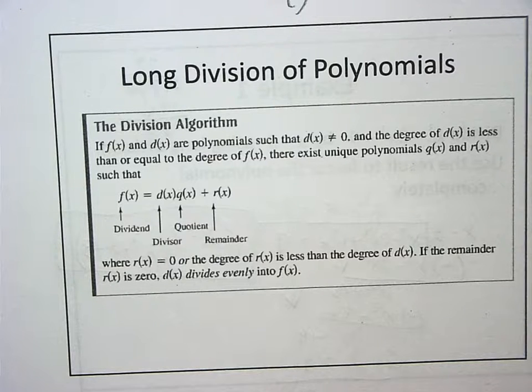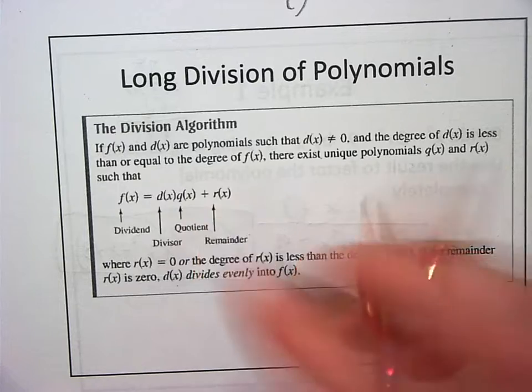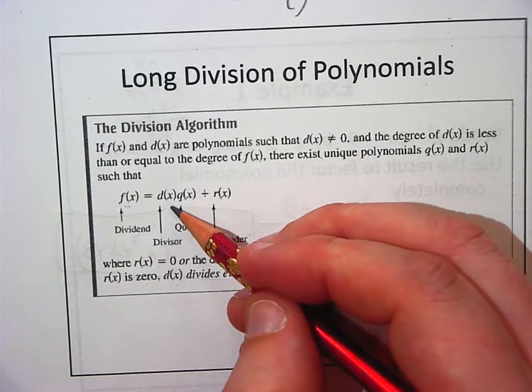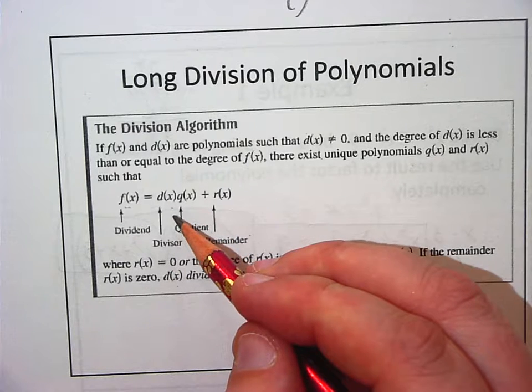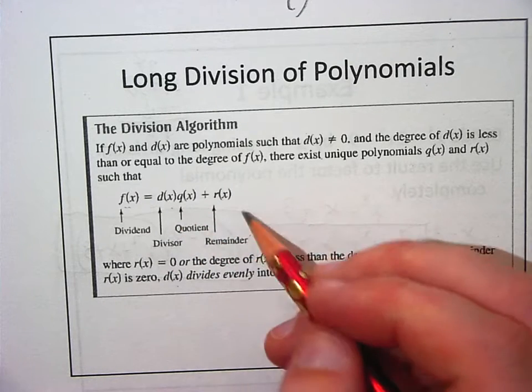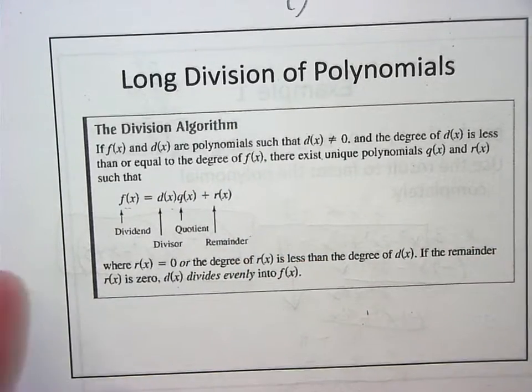Now, as far as writing a solution, though, if you're actually dividing the dividend by the divisor, well, then I would divide everything by d of x, including the remainder. That's how you end up having to write the solutions when you have a remainder.